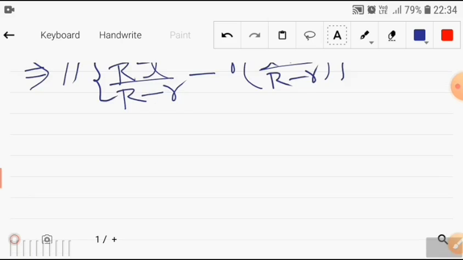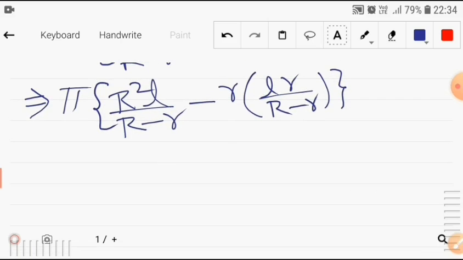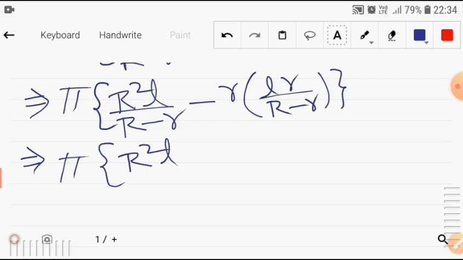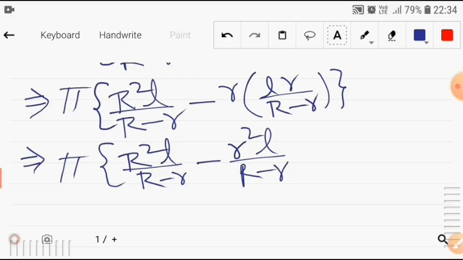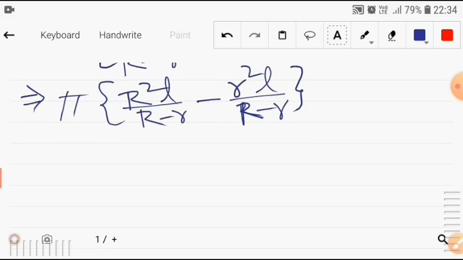In the next line, we will multiply pi by R square l by R minus r, multiplied by next, minus r square l by R minus r. Next line, we'll take the LCM and add these terms, or we'll take out the common terms.